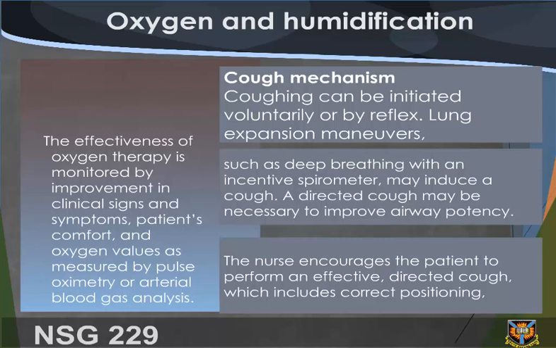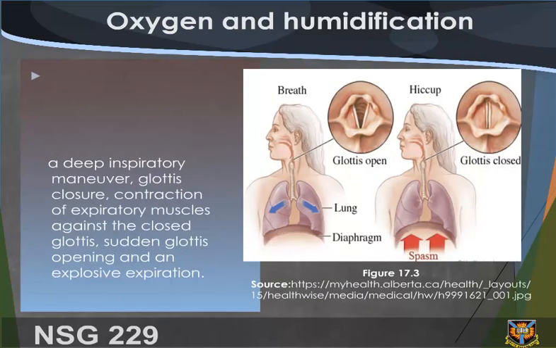The nurse encourages the patients to perform an effective directed cough, which includes correct positioning, a deep inspiratory maneuver, glottis closure, contraction of expiratory muscles against the closed glottis, sudden glottis opening, and an explosive expiration.